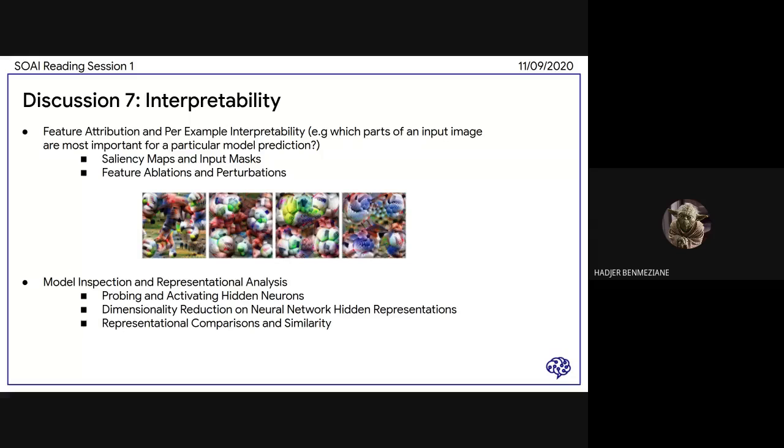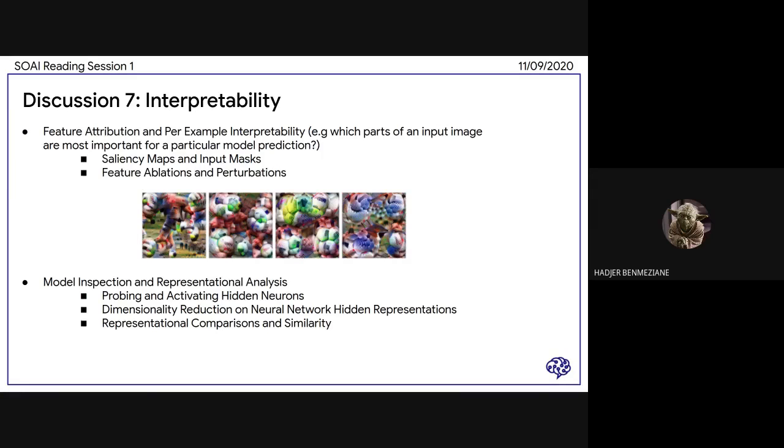To answer these questions, there are two types of interpretability: feature attribution and model inspection. In feature attribution, we're looking at what are the features that are the most important to our model, or which parts of an input image are most important for a particular model prediction.